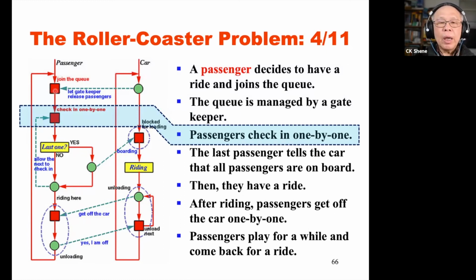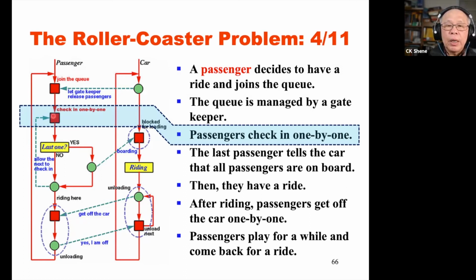So this gatekeeper in the solution to be presented has the initial value of semaphore to be 0. So all passengers who want to take a ride will be blocked. So the passengers would be allowed to go one by one. We only allow C passengers to get through this gate.